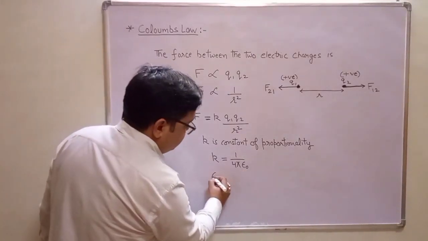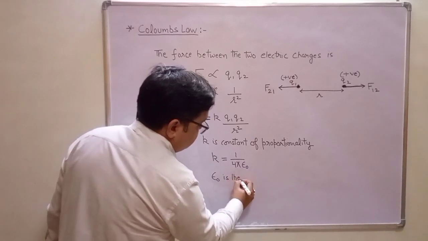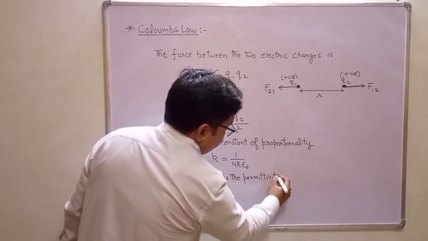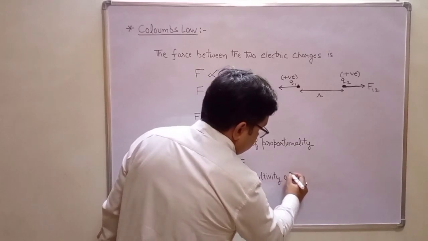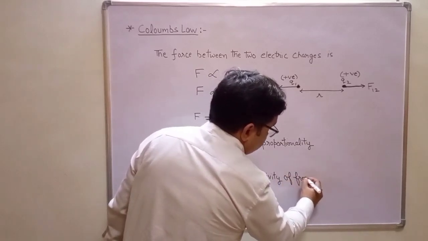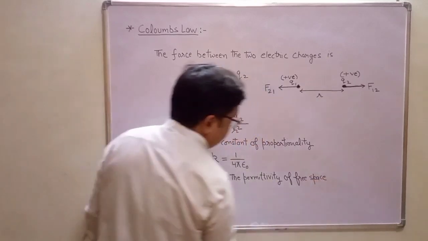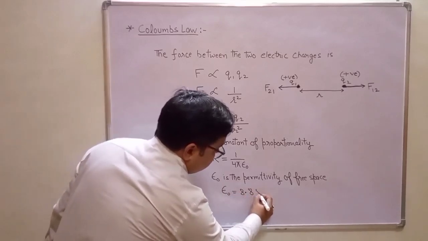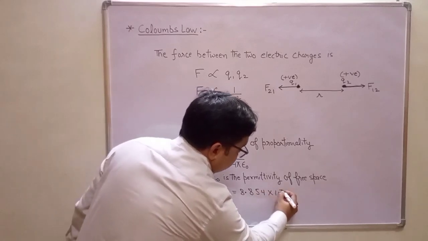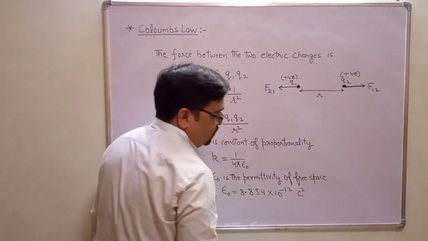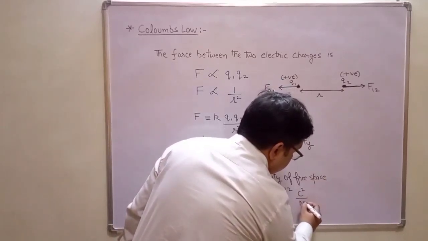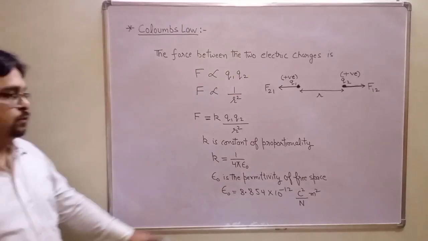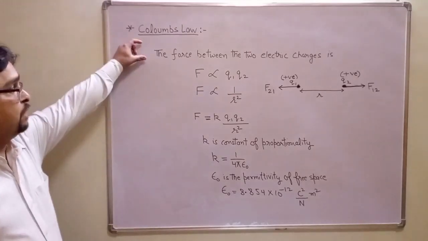As we know, epsilon naught is the permittivity of free space, and the value of epsilon naught is 8.854 into 10 raised to the power minus 12 Coulomb square per Newton meter square. This is the unit of epsilon naught.